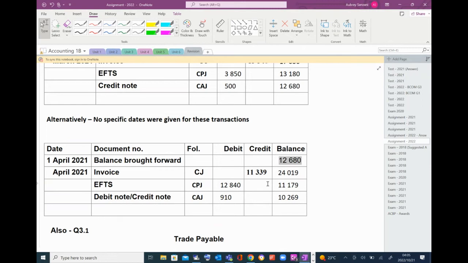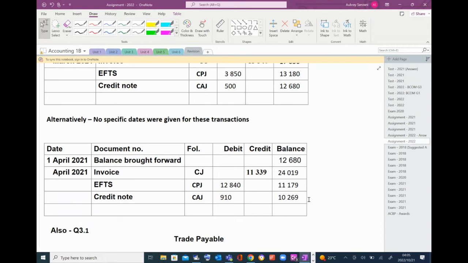And then we obviously have the purchases returns, which again, I wouldn't want to see debit note here. Should be seeing only credit note. And therefore that gives us the balance that we have there. Okay.